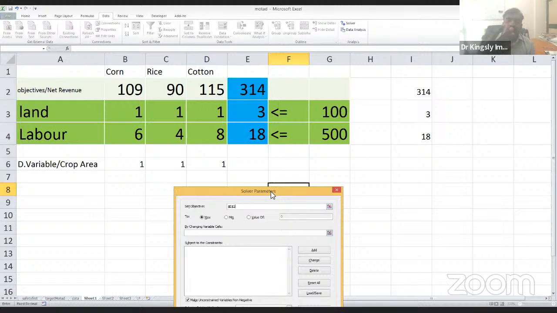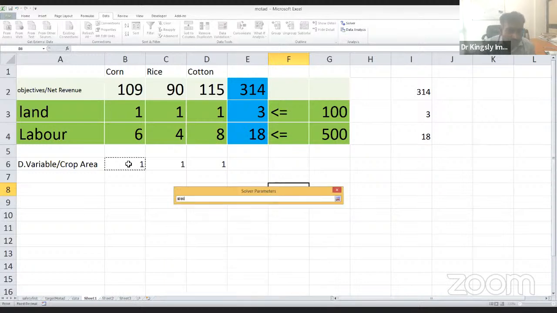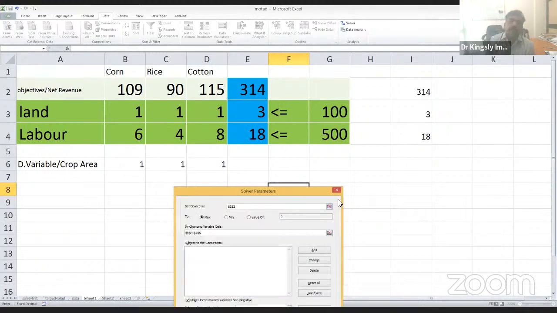But it is a systematic way: if you indicate it, the solver will take care of other things. So we will indicate the 3 cells, 1, 1, 1, from B6 to D6. That is my changing variable cell, nothing but my decision variable. In linear programming language, it is a decision variable. In Excel solver language, it is called a variable cell. Okay. Now we have to introduce constraints. How can we introduce a constraint?